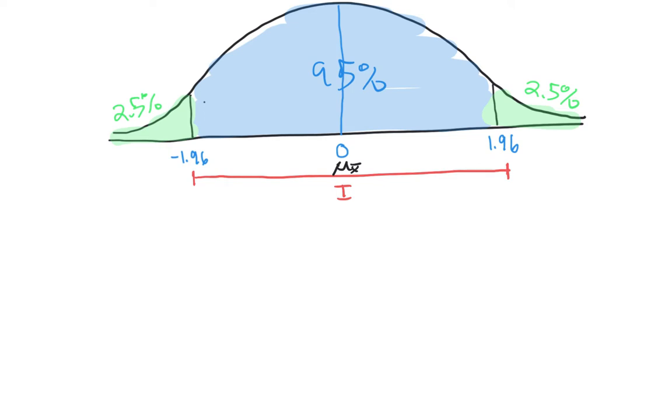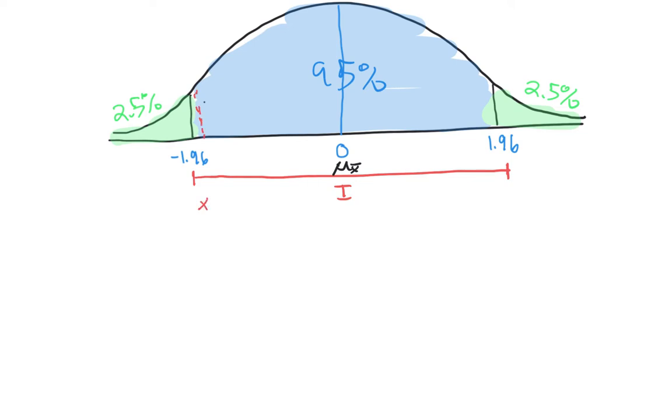Well, remember though, that the location of this distribution isn't known because we don't know the mean. But again, we know the shape of the distribution. So if I calculate a sample mean that is anywhere within this 95%, let me show you an example. Let's say I take a sample and I calculate the mean and I get a value that looks like this.